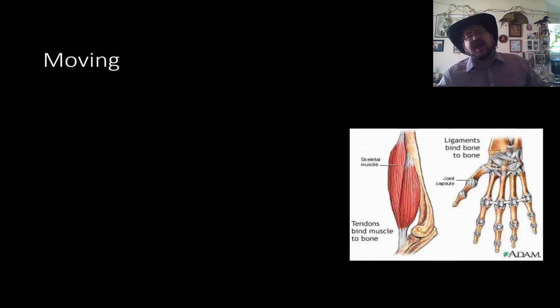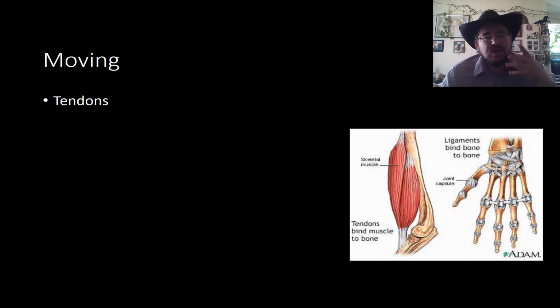So let's talk about how we move our bones. One, muscles attach to the bone via tendons. Remember, tendons are strong connective tissue, and they are fibrous connective tissue. They connect a muscle to a bone.